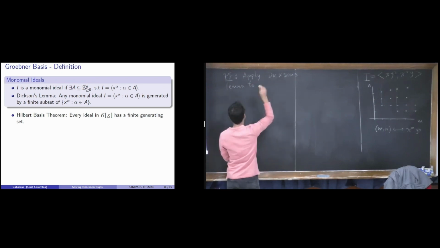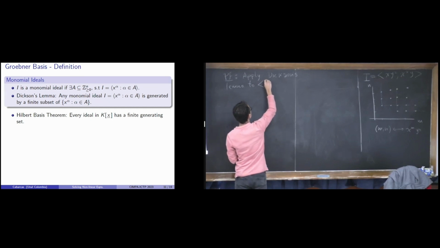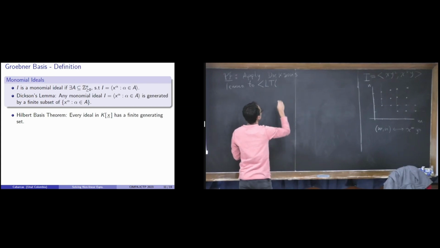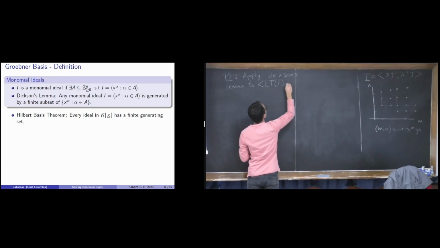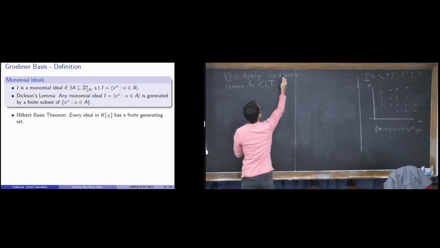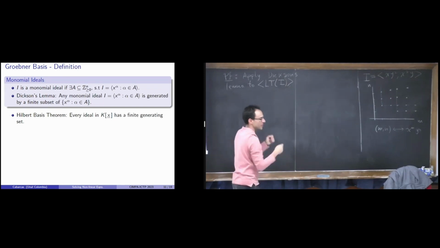Apply Dixon's lemma to the ideal generated by the leading terms of F1. Sorry, we don't have a set of generators. We have an ideal. So let's apply it to the ideal generated by the leading terms of the ideal.